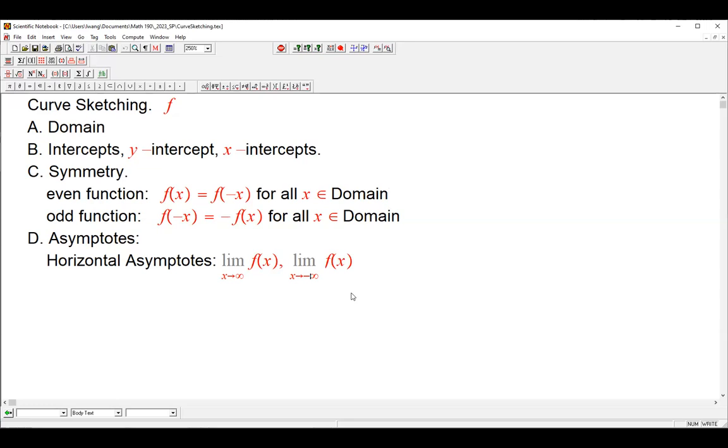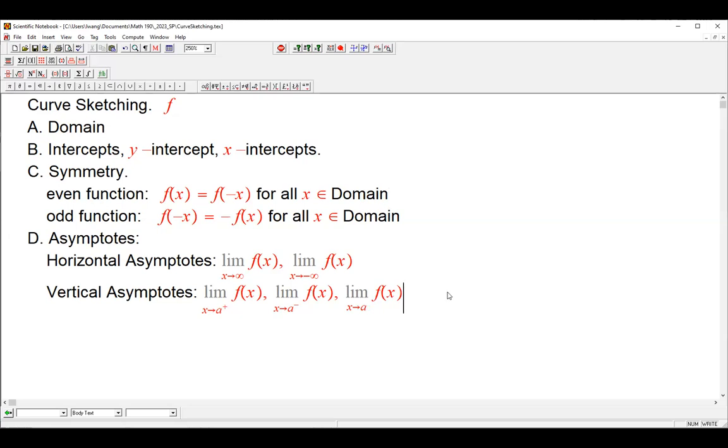And the vertical asymptote. For the vertical asymptote, we'll get to use the calculus concept of limits, but as x approaches a specific number from the right, from the left, or from both sides.